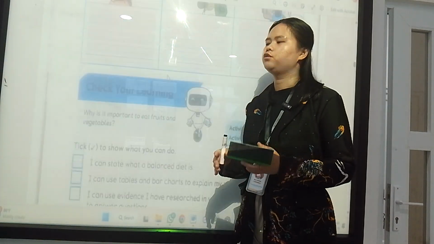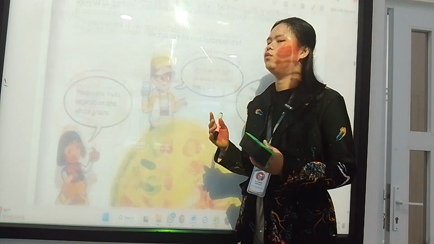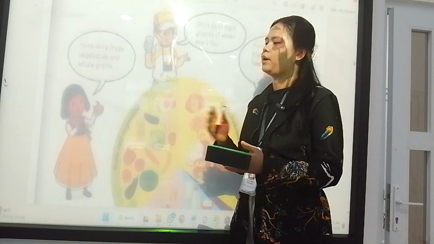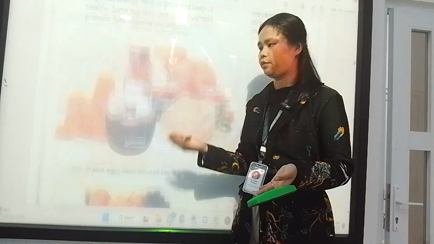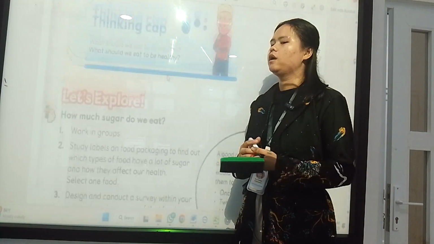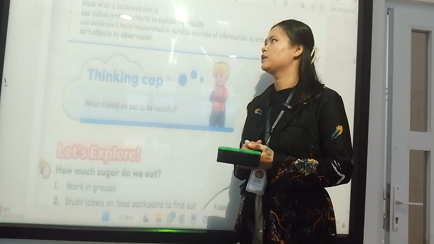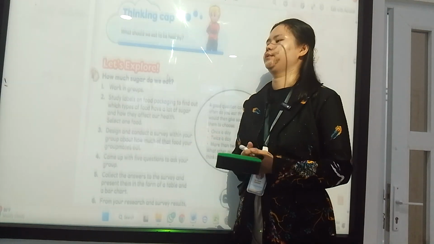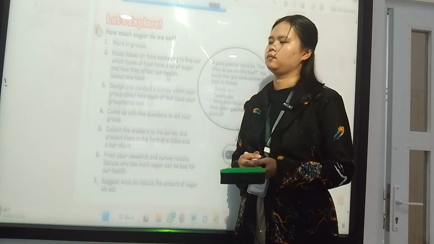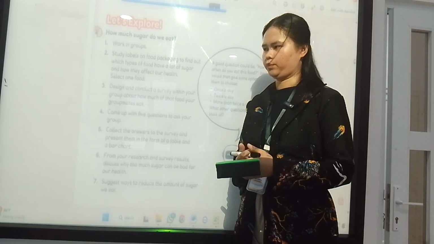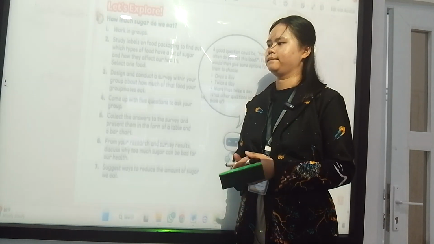I need them to recognize how many prime numbers there are, and then separate the composite and the prime. After that, I will tell them to make a number sequence by using a number pattern. So you divide the class into groups? Yes, 6 groups. Okay, I see.